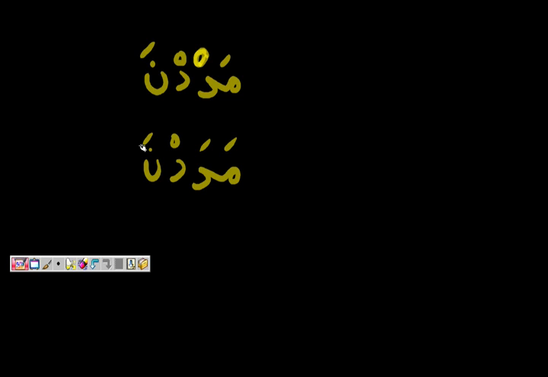So you'll say madadna, and then anta, madadta, madadtuma, madadtum, madadti, madadtuma, madadtunna, madadtu, madadna. So it's the first five forms that will be somewhat different.